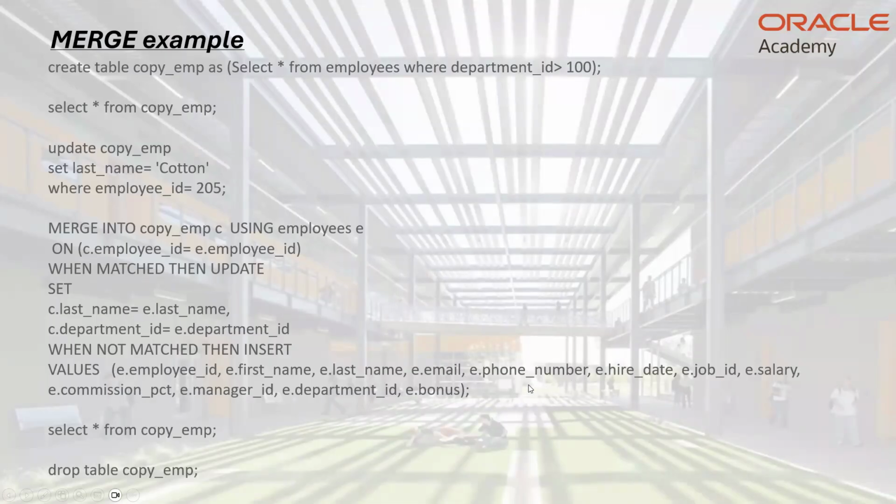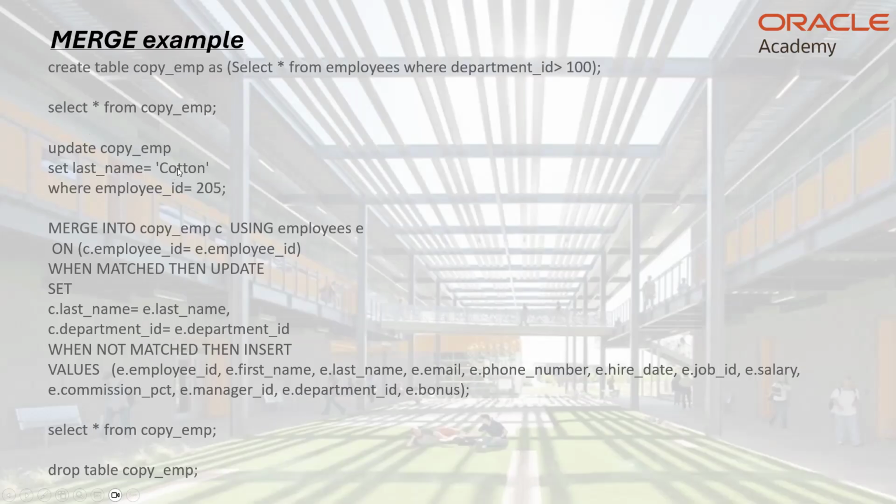Essentially all of this information we're going to pull from the employees table and push it to the copy imp table. So basically we know the department and the last name, and we just want to copy the rest of this information from the employees table to the copy imp table. And that's what we're doing here.